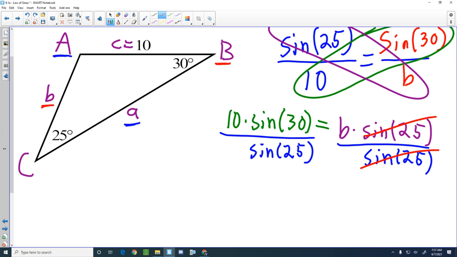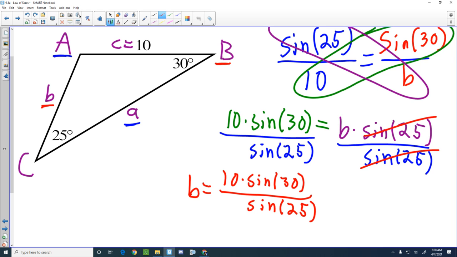Now, what is the value of b? Well, if I look at the left side of the equal sign, I have 10 times the sine of 30 divided by the sine of 25. Those are all just numbers. I can just type that right into my calculator and get my value of b. So go ahead, take your calculator, and tell me what b equals. 10 times the sine of 30 divided by the sine of 25.